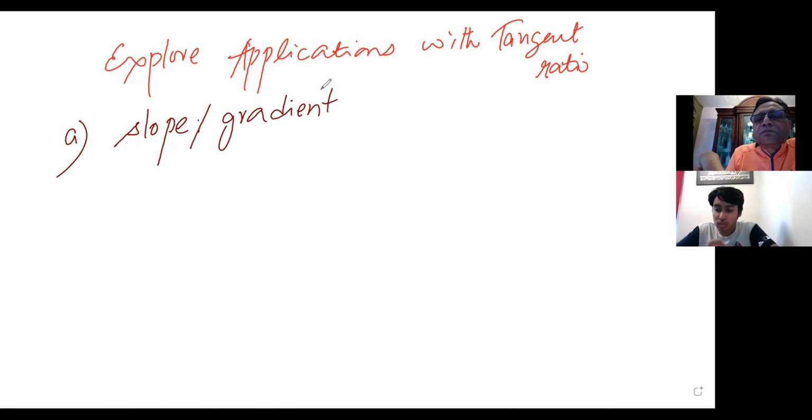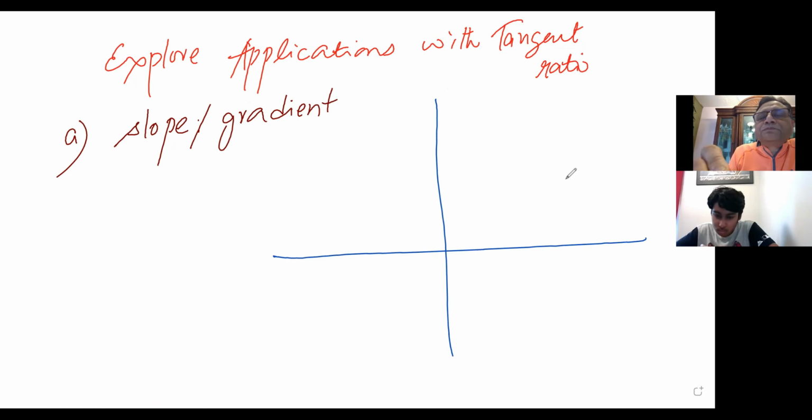Let us say we have a straight line. Let me take this example. This is a very beautiful example. Let us say we have a straight line whose equation is y equals 2x plus 1. If that is the straight line, how do you find the slope of the line?